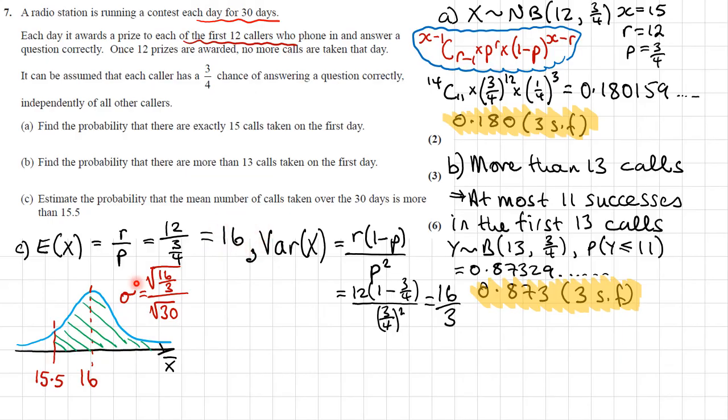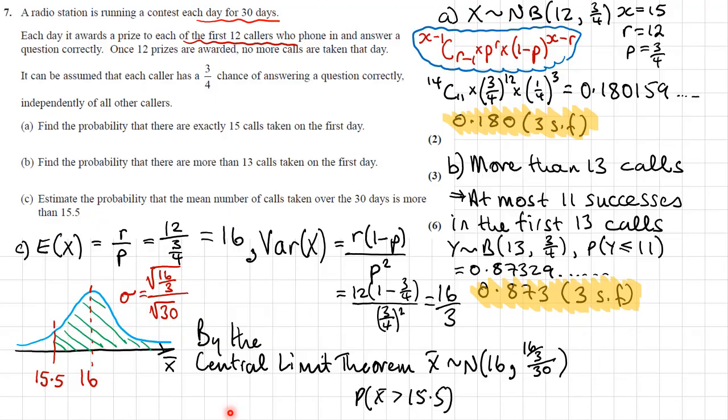The standard deviation of this, well, this is the standard deviation of the negative binomial, so the square root of 16 over 3, and then divided by the square root of the sample size, which is 30. We're taking a sample every day for 30 days, and we want to see if the mean is greater than 15.5. So it's always good practice to say why we're doing this.